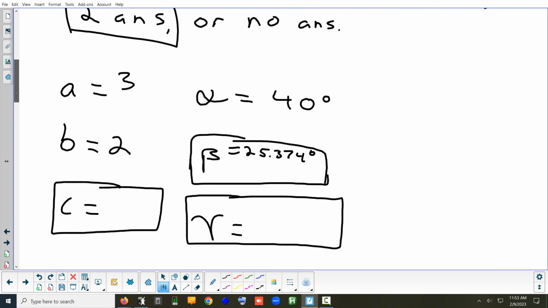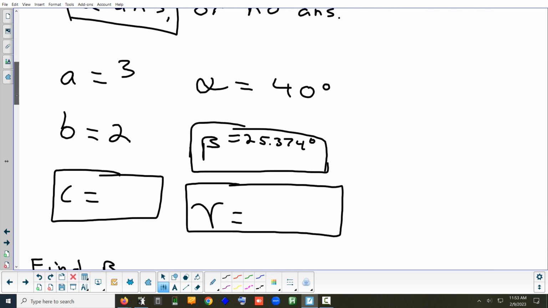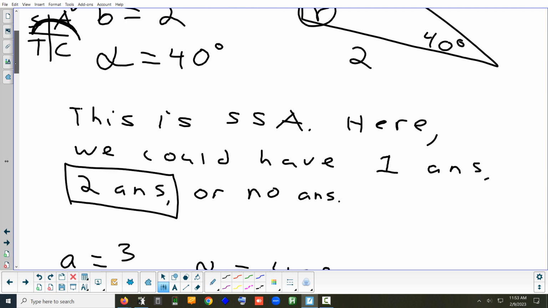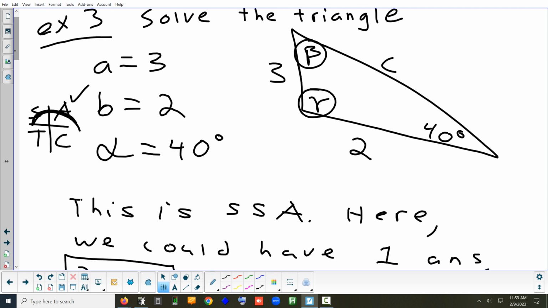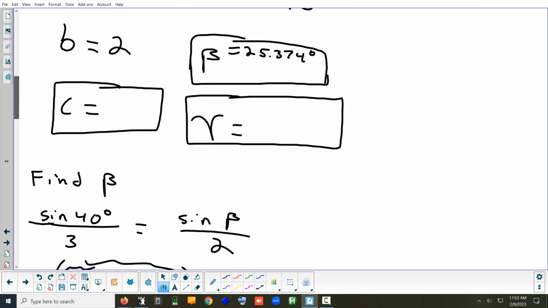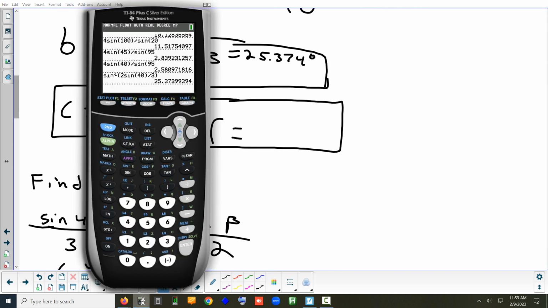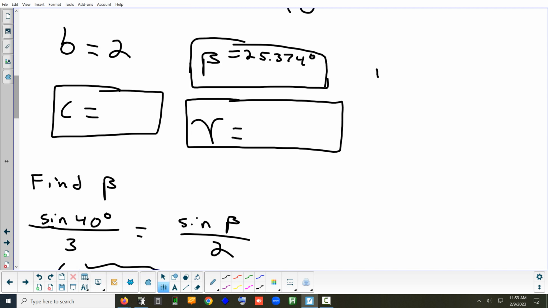How do you know it's a quadrant 1? Because it's between 0 and 90. Okay, what would be the answer in the second quadrant? 180 minus 25.374. Now I'm going to write that off to the side. 154.626.